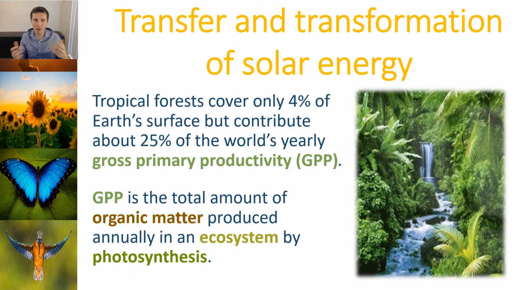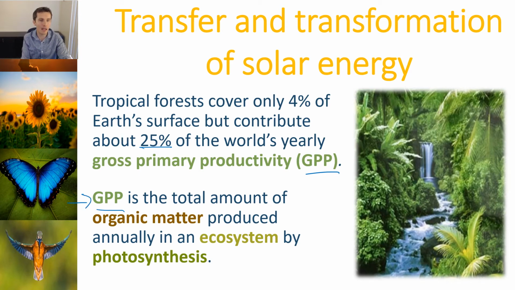Looking around the world, tropical rainforests only cover about 4% of the Earth's surface, but they contribute to 25% of the world's gross primary productivity. And we call this GPP. Let's just get that right. GPP, gross primary productivity, is the amount of organic matter produced annually in an ecosystem by photosynthesis. So get this down.